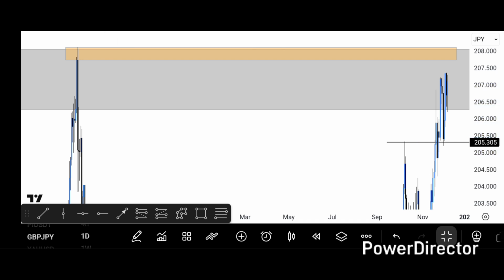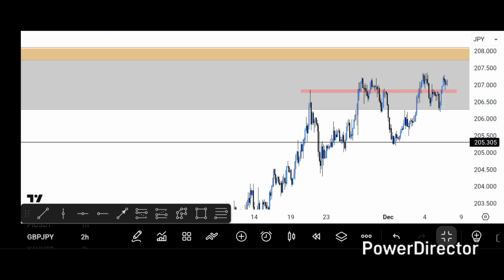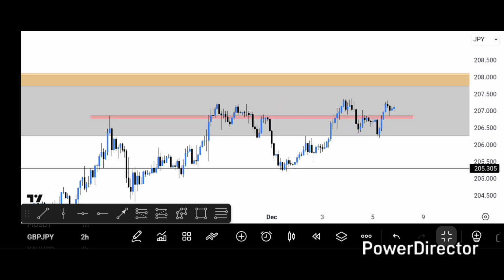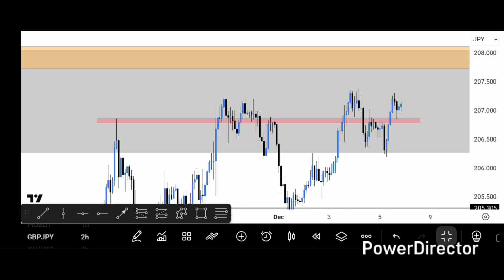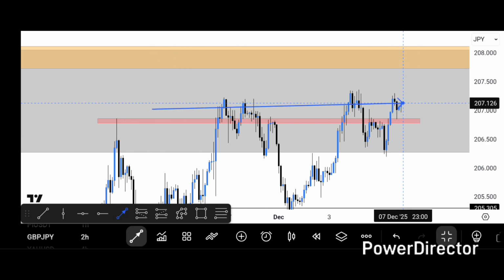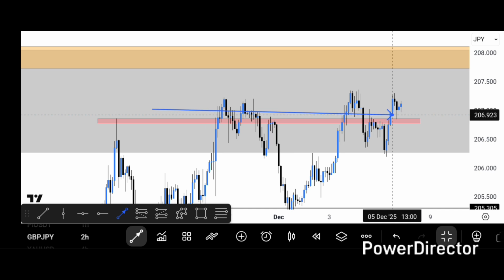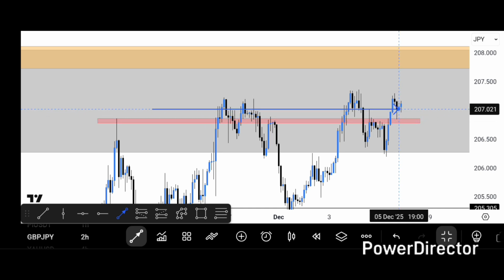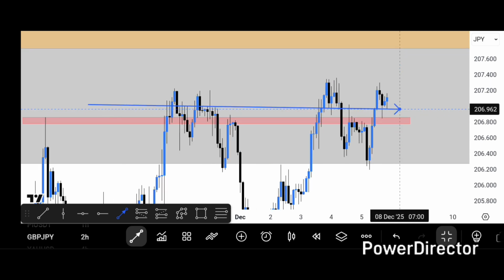It's very simple. On the 2 hour time frame, we already started to have retracement, not resistance, retracement. So basically the retracement I'm talking of is this retracement here. So potentially I'm waiting for price to give me a reversal pattern around this zone.